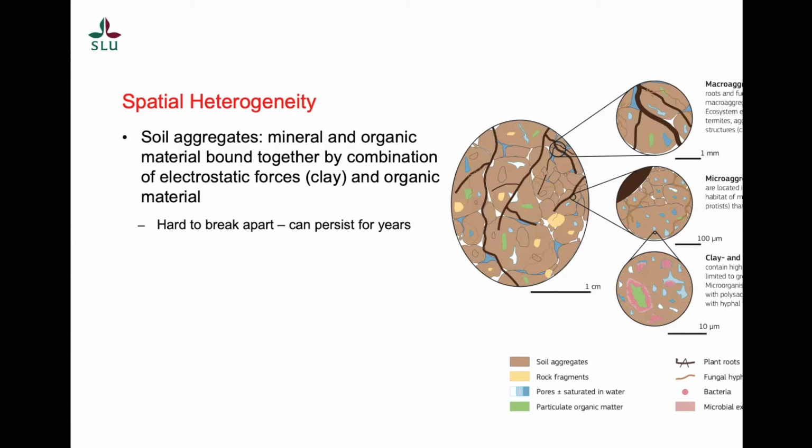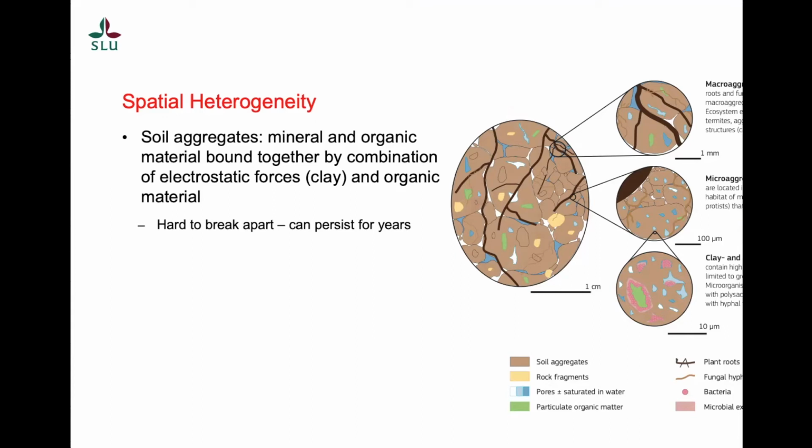And the organic material, from different compounds produced by microorganisms and decaying organic matter, forms clumps that are very difficult to break apart. Different soil types will have different ranges of aggregate sizes.